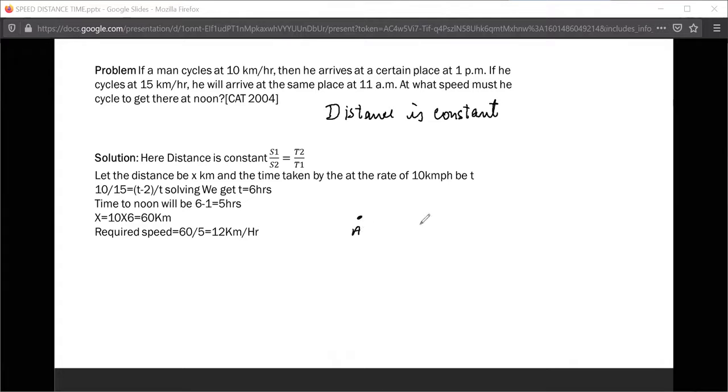Suppose this is the initial position, this is the final position. Let the distance be x, and to travel this distance at 10 kmph it takes time t, and that's why it reached at 1 p.m. I don't know when is the start of the journey, so let's suppose it takes t hours.